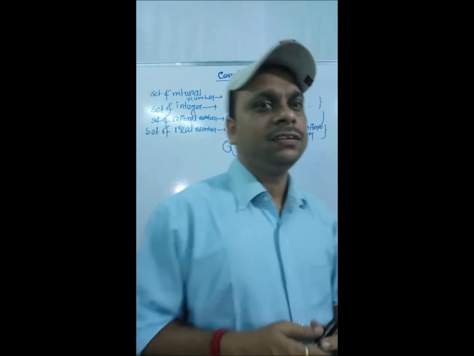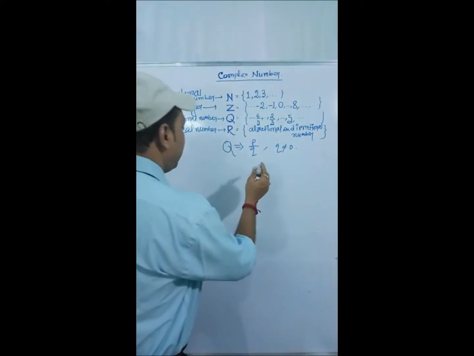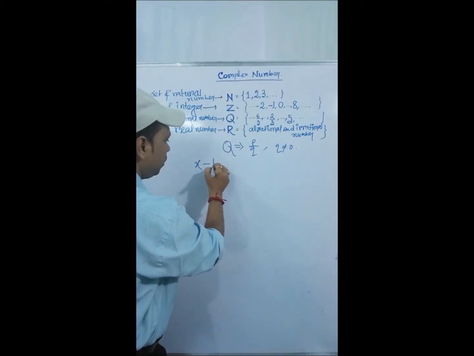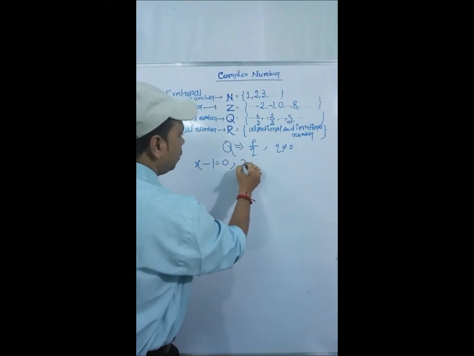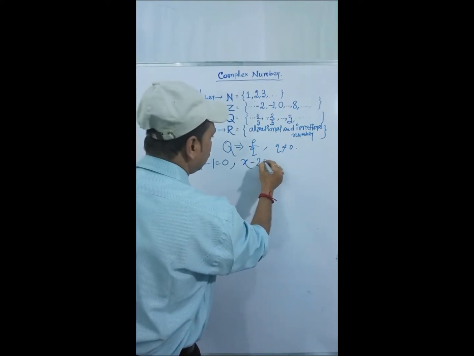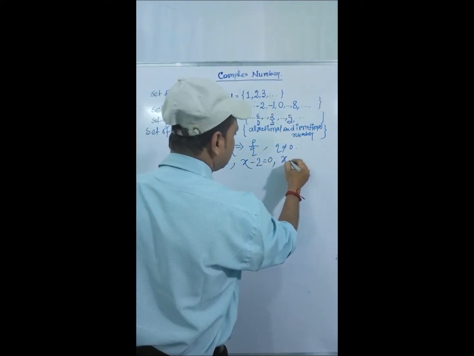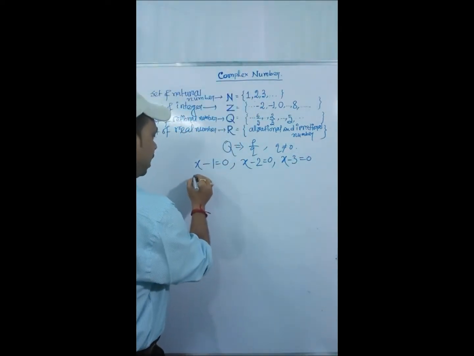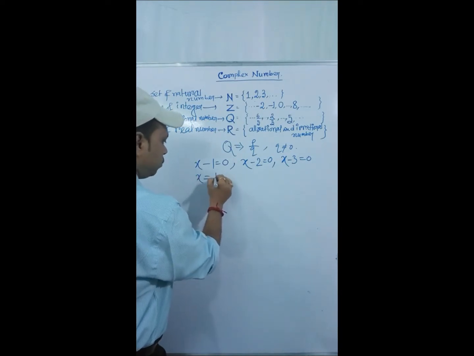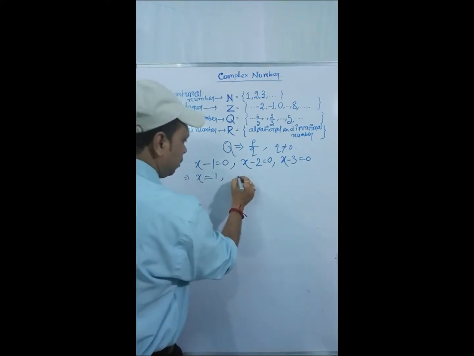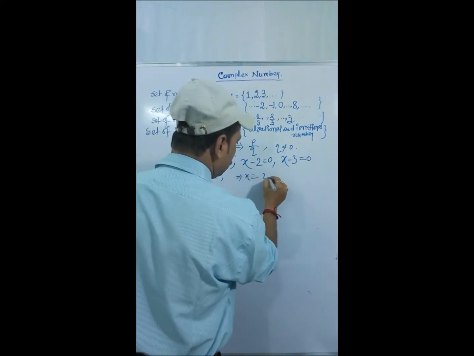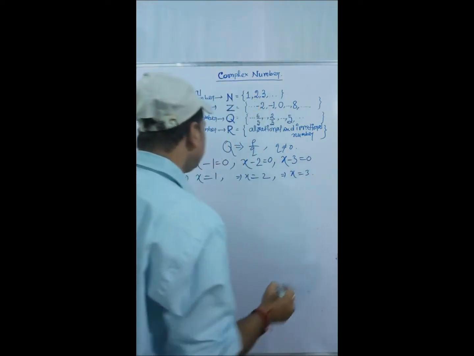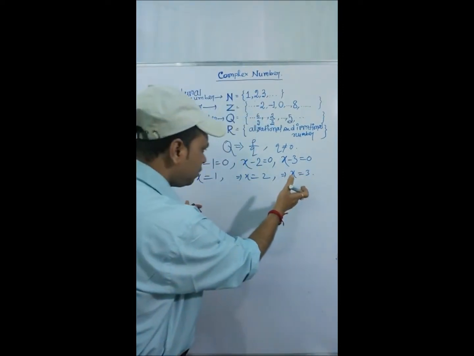We can write the equations in the form x minus 1 equals 0, x minus 2 equals 0, x minus 3 equals 0. Solve these equations. We have x equals 1, x equals 2 or x equals 3.